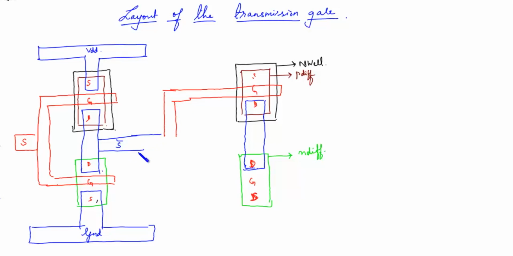This is connected to S bar. So you need to place a contact over here in order to connect these two, and this is a poly contact.